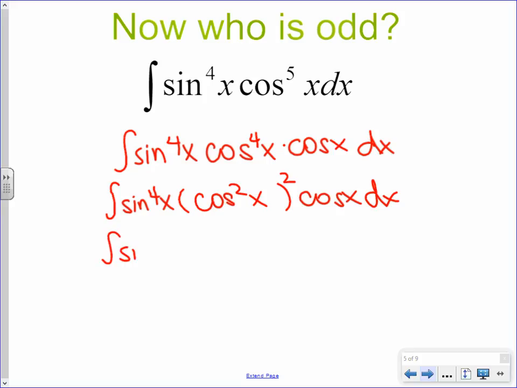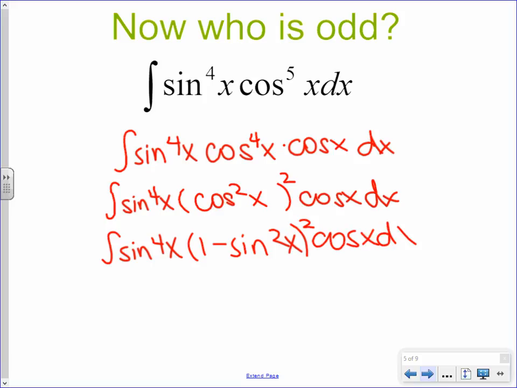So what we have is sine to the fourth x times 1 minus sine squared squared. Wait, 4x. Oh, okay, sorry. My 4 got a little big.